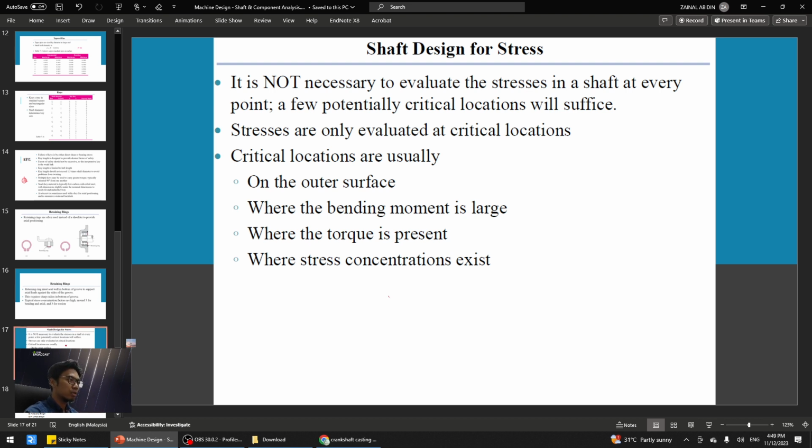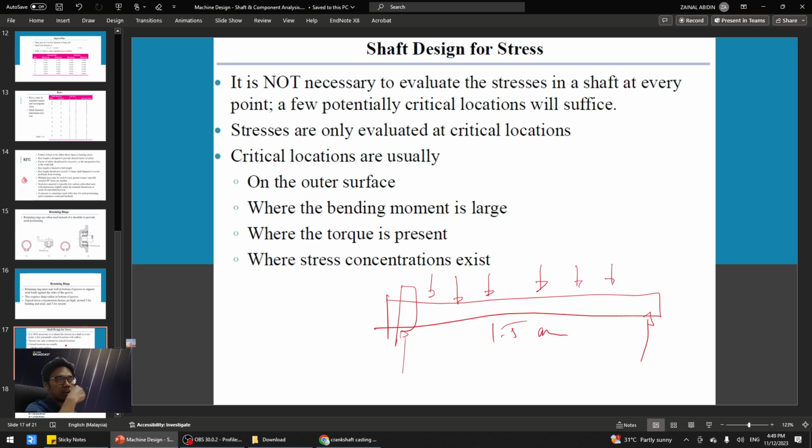For example, you ada shaft yang panjangnya lebih kurang 1.5 meter. Okay, you ada load macam-macam kat sini. You letak bearing, letak gear macam-macam kat sini. Dan you tak semestinya you kena kaji untuk setiap lokasi kat sini.